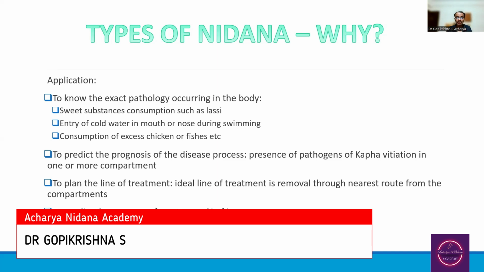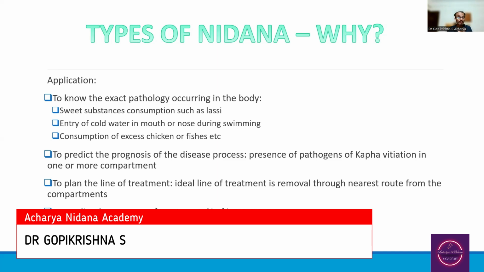Suppose the person has the pathogens of the Kapha dosha only in the alimentary canal, we may have a milder manifestation of disease. If the person has the pathogens in the alimentary canal as well as the intravascular compartment, the severity may be a little more severe when compared to the alimentary canal alone.